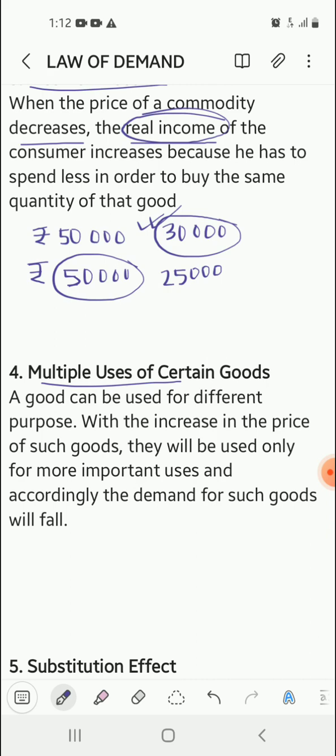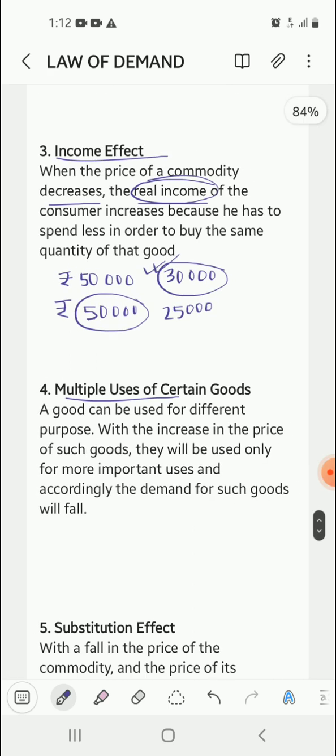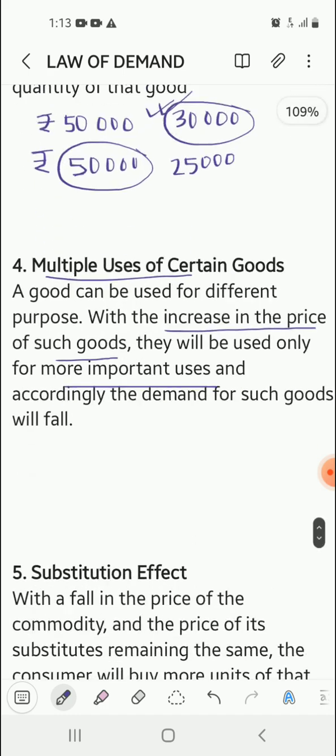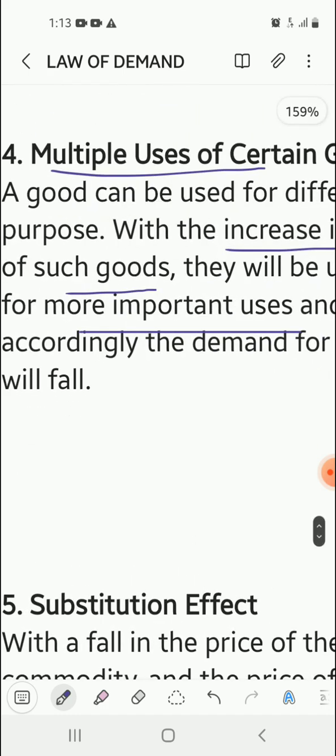Whenever a good can be used for multiple reasons, when its price increases, we only use it for the important things and we cut off the unimportant uses. For example, if the price of milk is increasing, we will only consume milk as required. We will cut off the other uses of milk that we usually did.